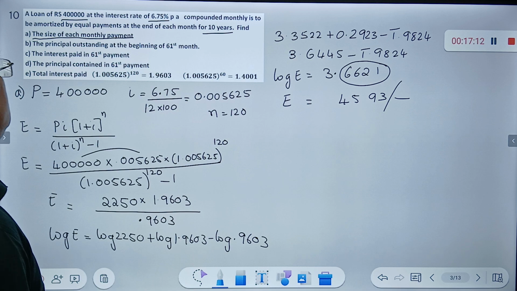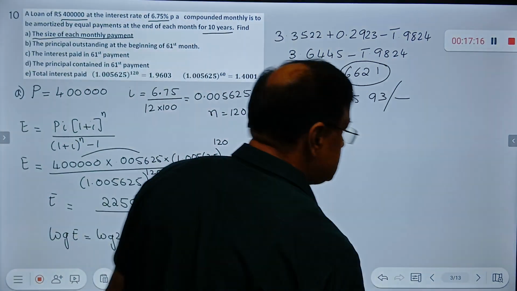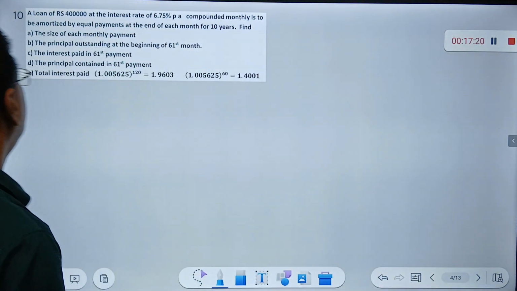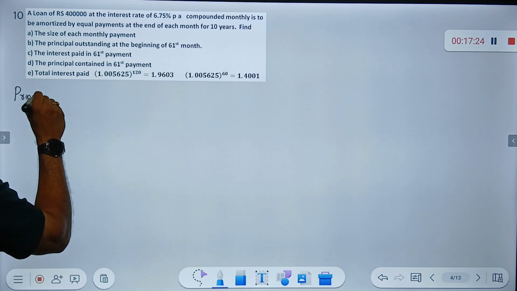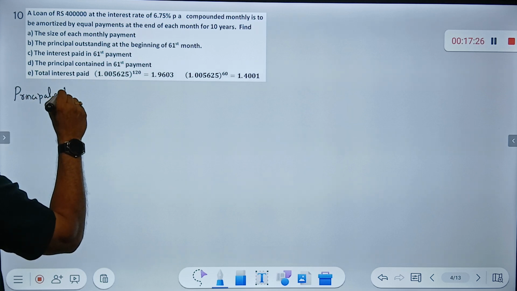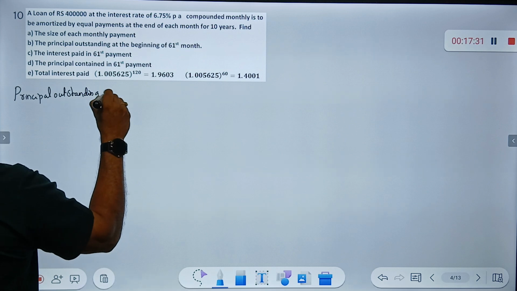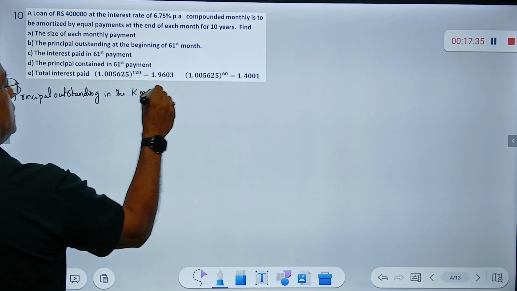What is the principal outstanding at the beginning of the 61st month? I'll go to the next page. So what is the principal outstanding in the kth month? What's the formula?